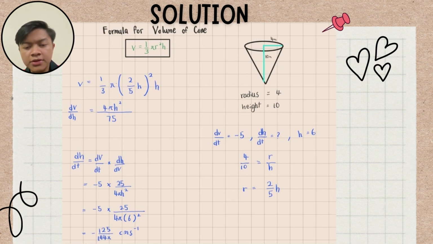Then we differentiate, and we get 4 pi h^2 over 75. And then we use the formula dh over dt is equal to dV over dt times dh over dV. We just do the simple mathematics, and finally we get the answer negative 125 over 144 pi centimeter per second.